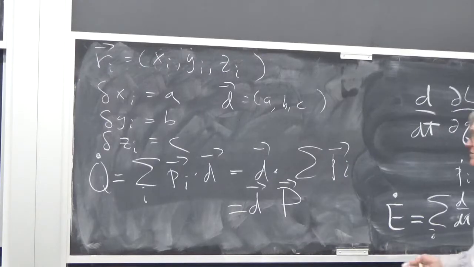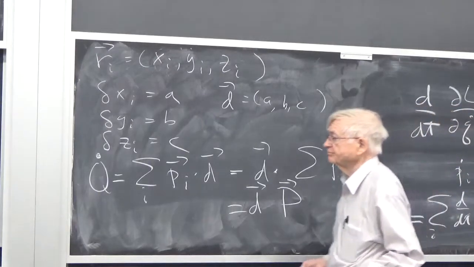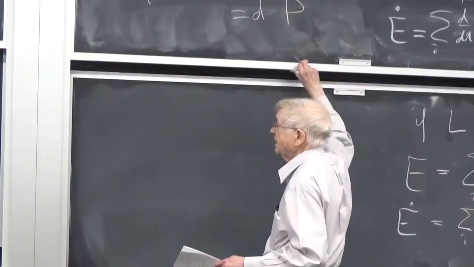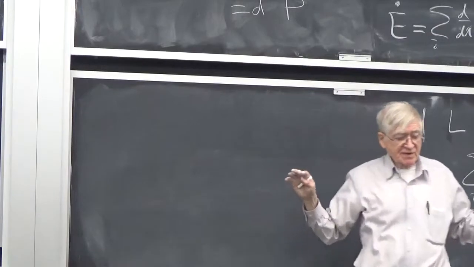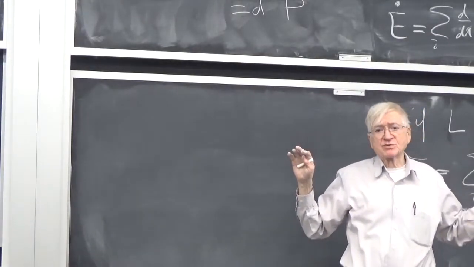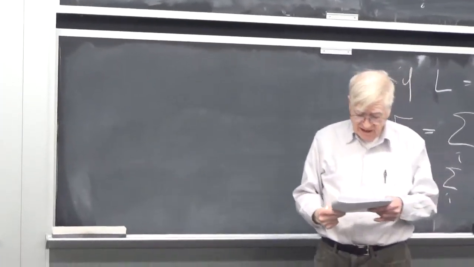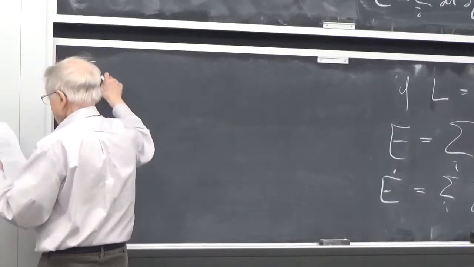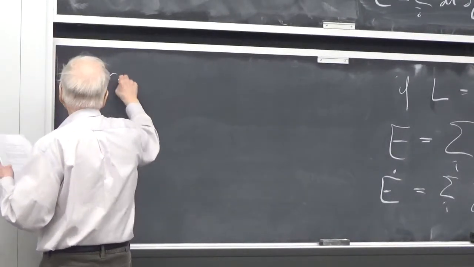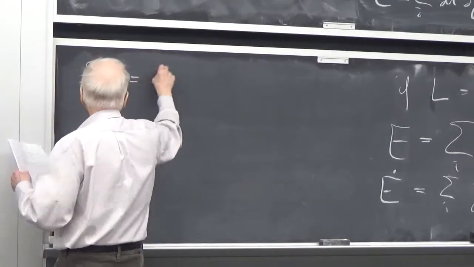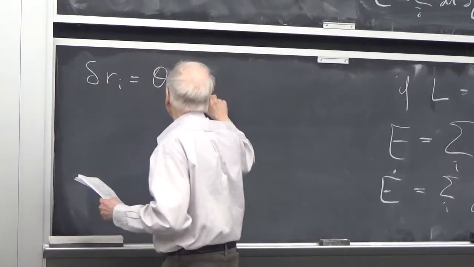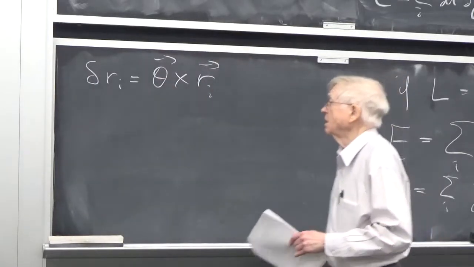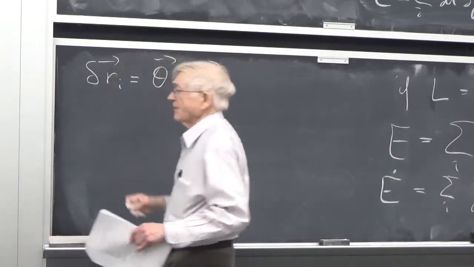We could do the same thing for rotations. We can imagine that the system is invariant under rotations. And so here, the change delta Ri is theta cross Ri. That's what a rotation does.